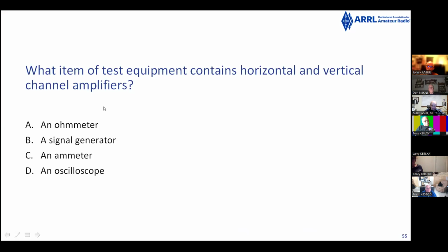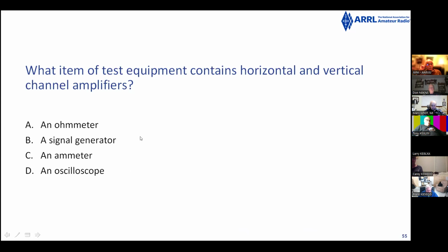What item of test equipment contains horizontal and vertical channel amplifiers? An ohm meter, a signal generator, an ammeter, an oscilloscope. And, you know, just reading it and describing it doesn't do it justice. You have to really use one of these instruments to really get good with them. It's not like a meter where you just get it on the right range.